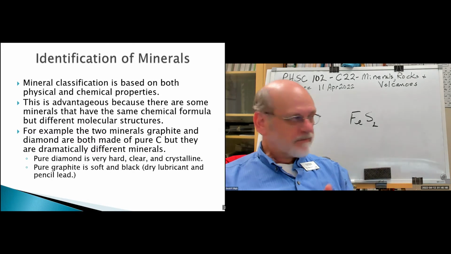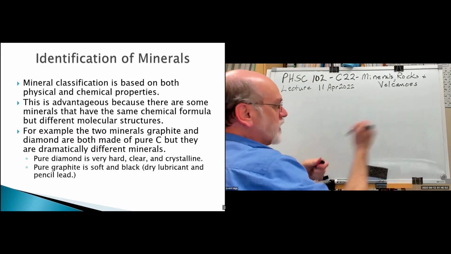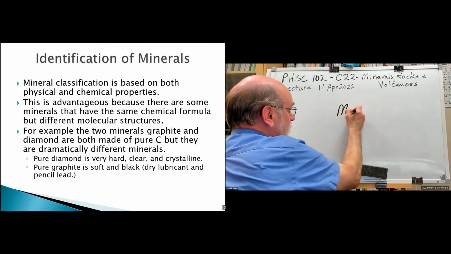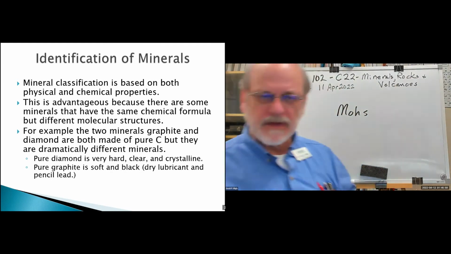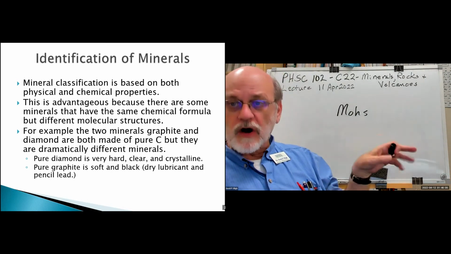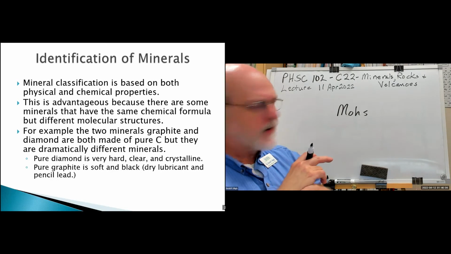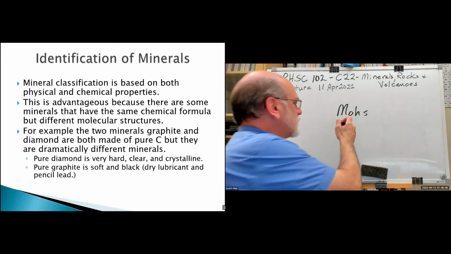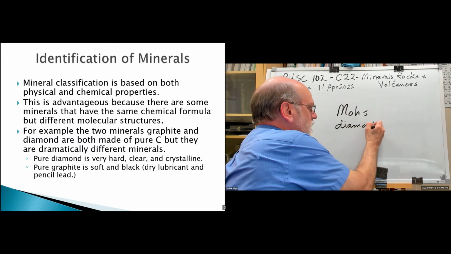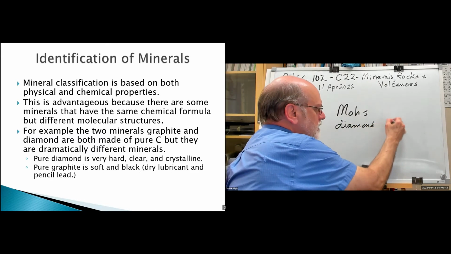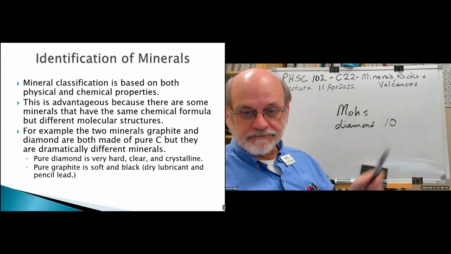In fact, on the Mohs scale of hardness, and there's a chart in your textbook, we may show it in a minute, I'm not sure if we are or not. On the Mohs scale, diamond is the hardest naturally occurring mineral at 10.